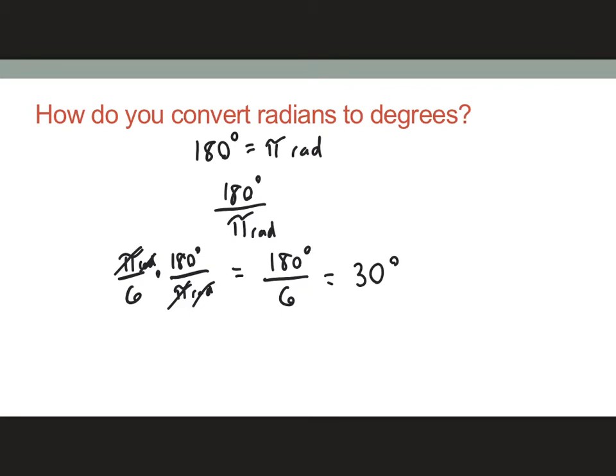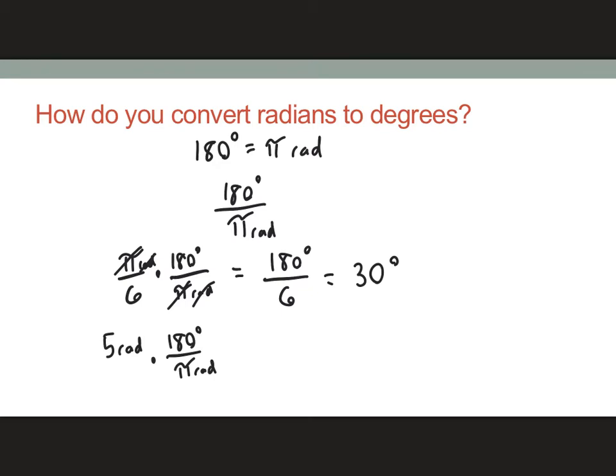But what if it's radians, but it's not expressed in terms of pi? Instead, it's just a whole number like we saw originally. So 5 radians, and I'm definitely going to put the RAD next to that one, convert it into degrees. We're going to multiply by 180 degrees over pi radians.